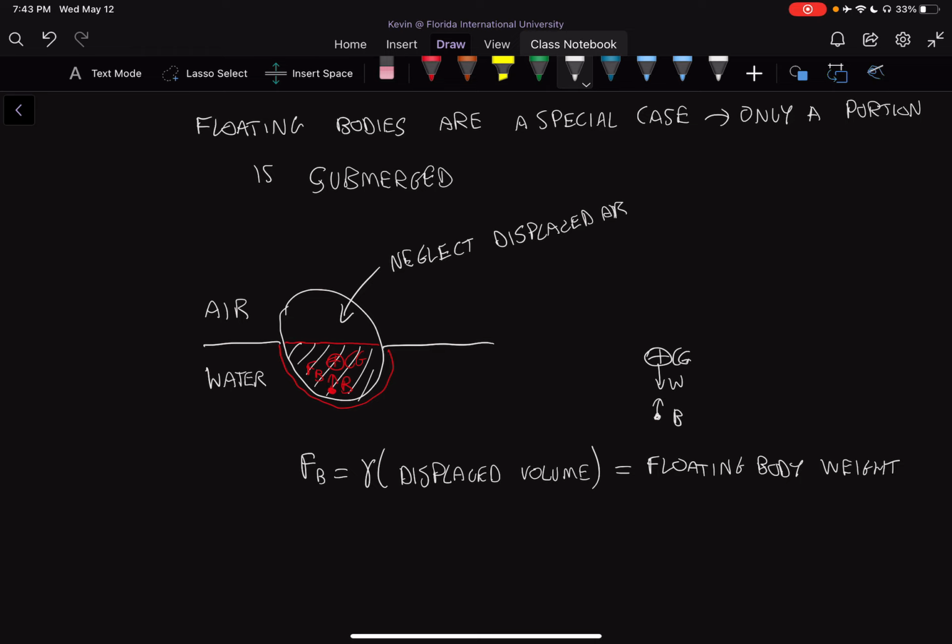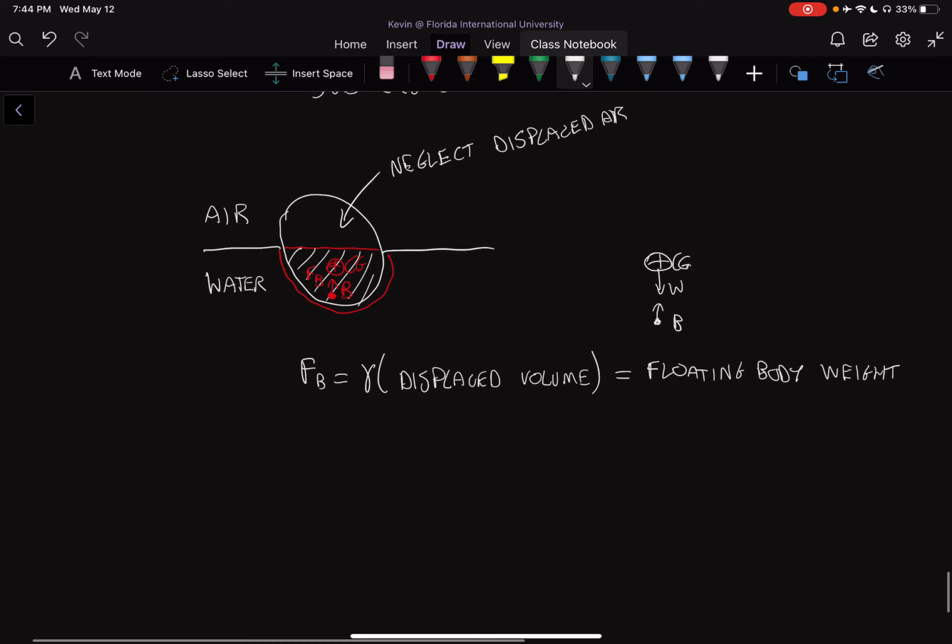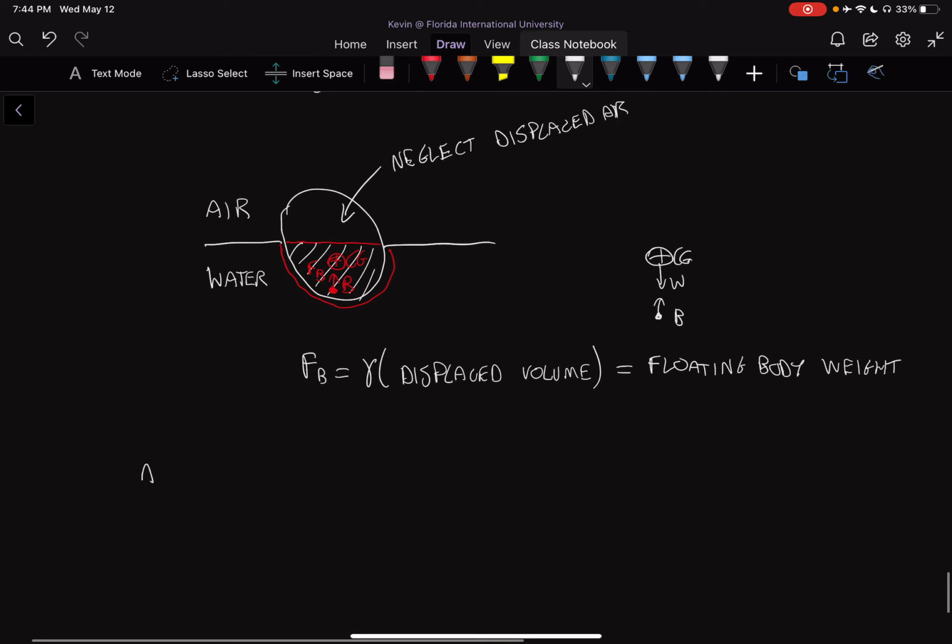So moving forward from this, let's try and do an example just to get us to understand what we've just derived and if it makes sense to everyone. So I'm going to write down the example.